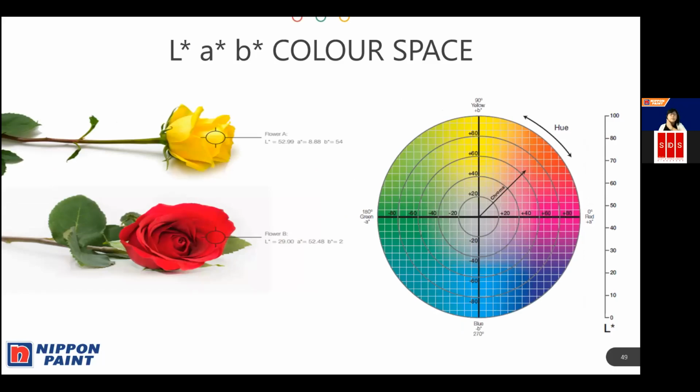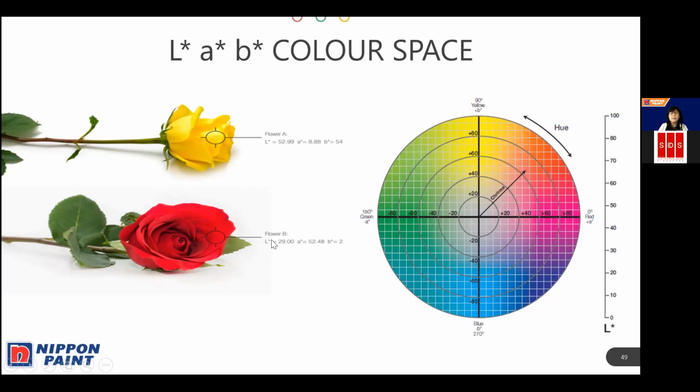Now, just to show you something, for example, there are two roses here. One is yellow, and when we measure or pick up the colors, we will know its position: L, a is at 8.88 and b is at 54. So we know exactly where it is in this color space.